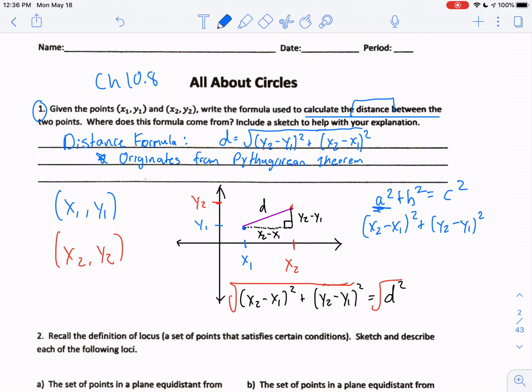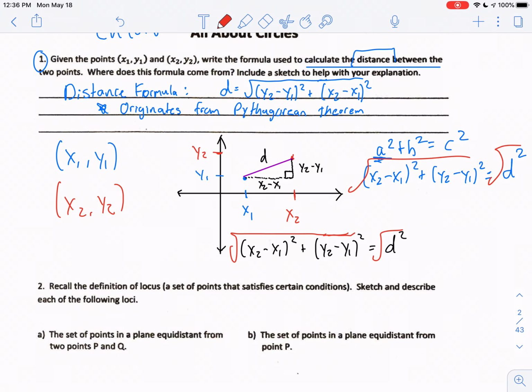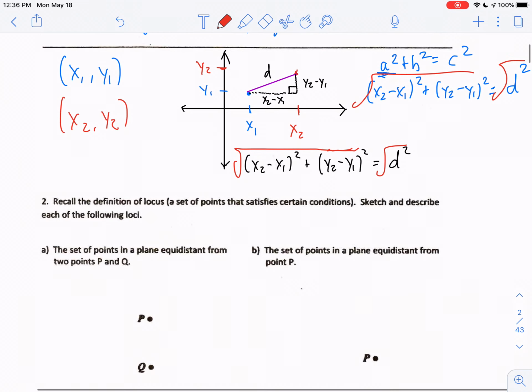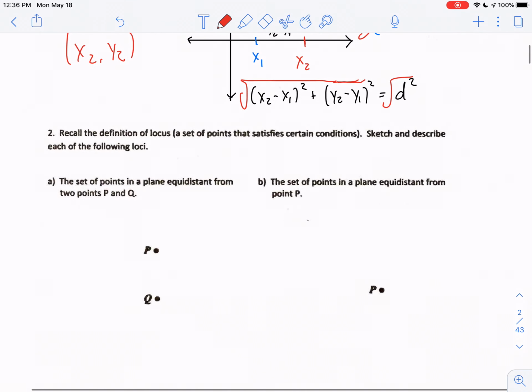In this case, the hypotenuse is the actual distance. Boom. Now how would I solve for d? Take the square root of both sides. So again, a reminder on how the Pythagorean theorem is related to the distance formula. And since we're talking about circles, a circle is going to be a very similar, well actually exact formula. A circle uses the distance formula in it. So we will talk about that.